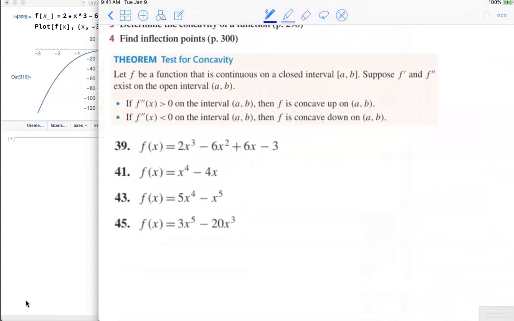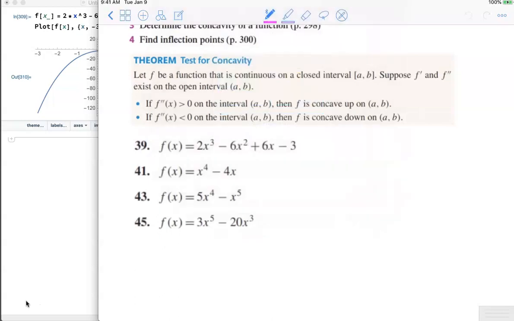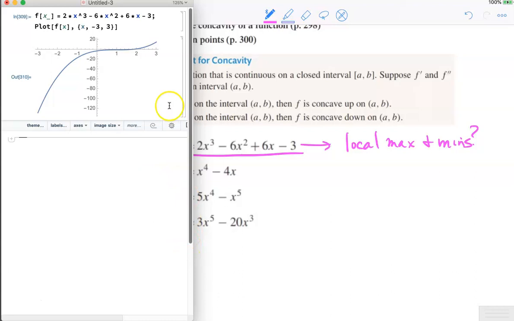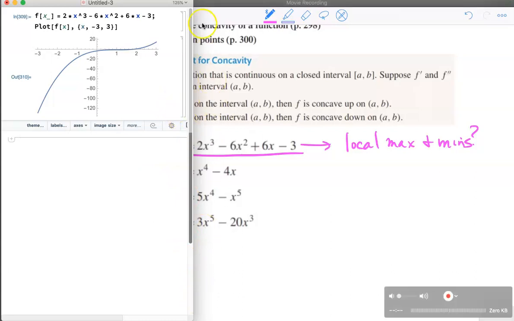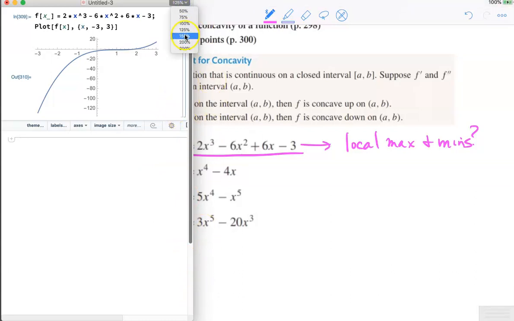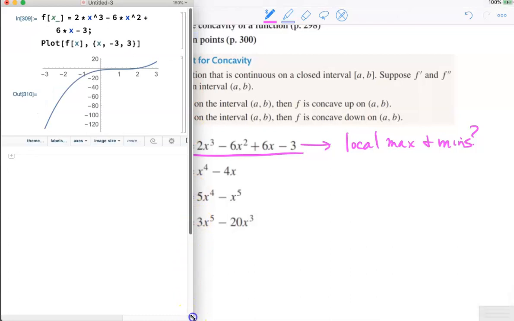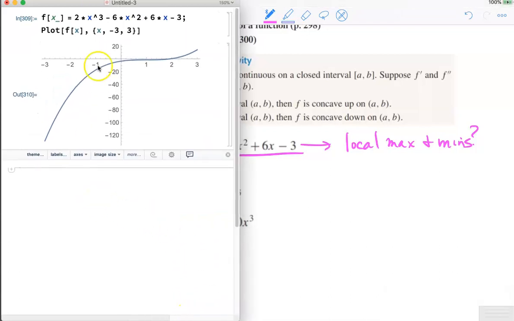let's just see if we can find the local maxima and minimums of this function here. Now, if you were to compute a plot of this, as I have done on this graph that we've created, it's kind of hard to tell where the function has a maxima or minima.